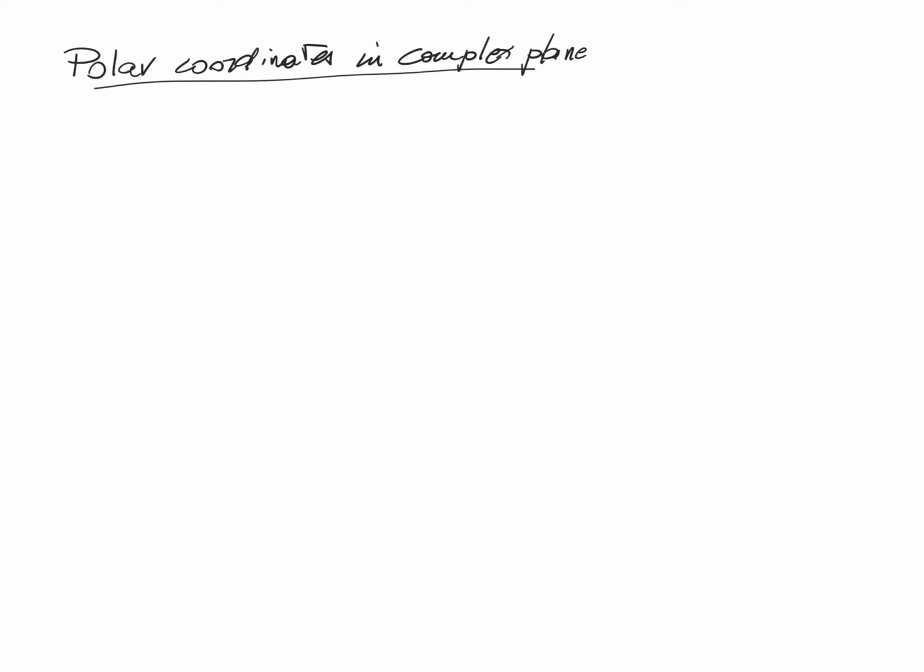Sometimes it can also be very useful to use polar coordinates in the complex plane. Polar coordinates have been introduced shortly before, but what we need for polar coordinates are on the one hand a distance and on the other hand an angle.